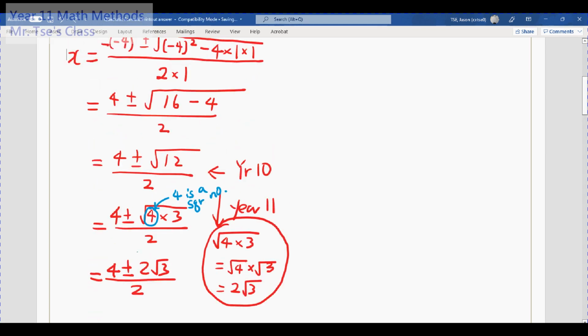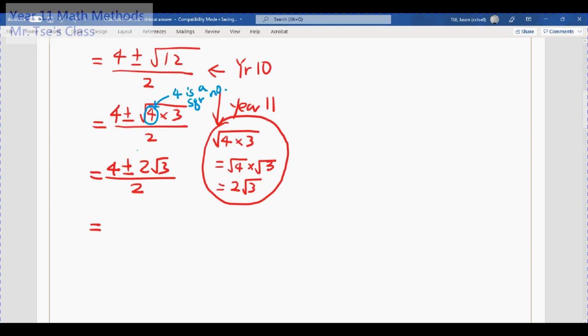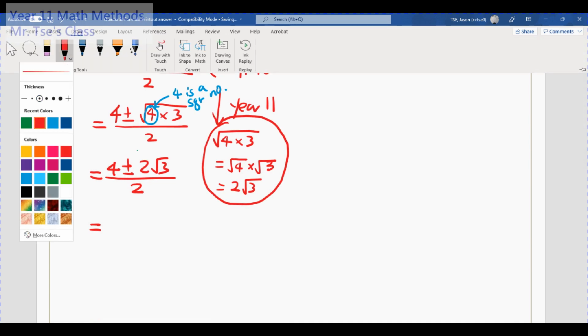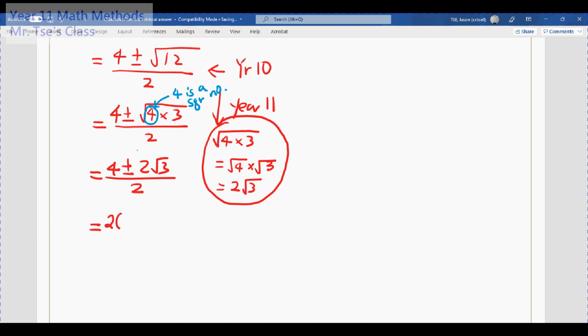Can we simplify that? Yes, you need to look for any common factor in the numerator. Can we take something out of it? That's the only way you can do it. If you observe, in 4 and 2 there's a common factor called 2. So can I take 2 out? Once I take 2 out as a common factor, here remains 2 and the 2 has gone, so square root 3.